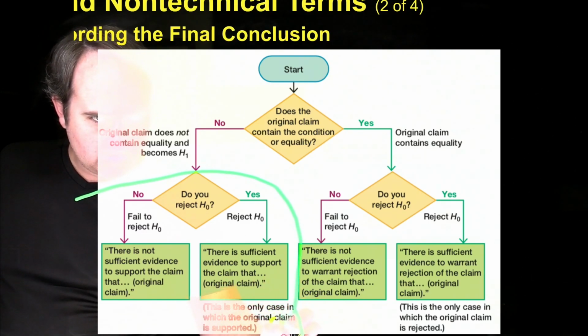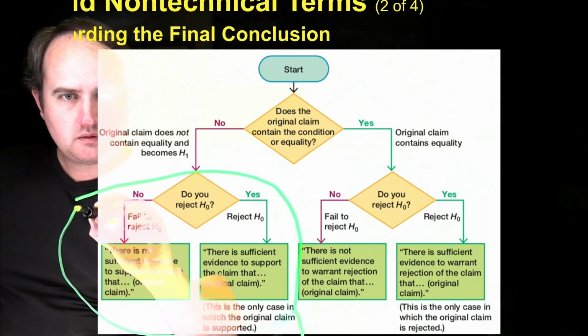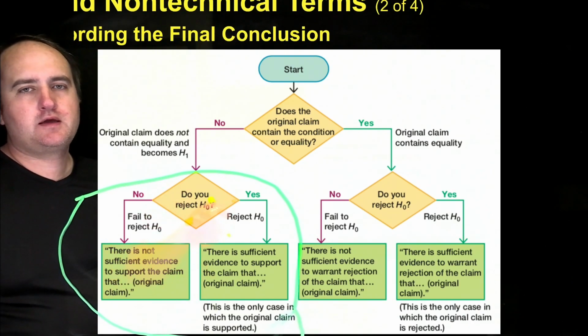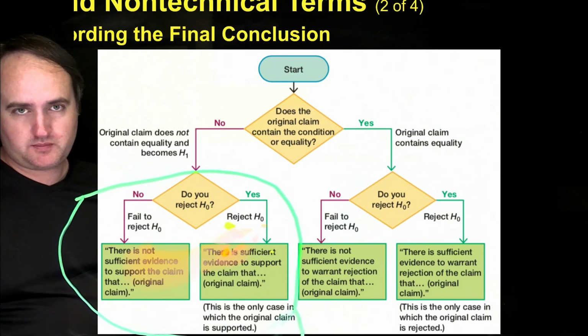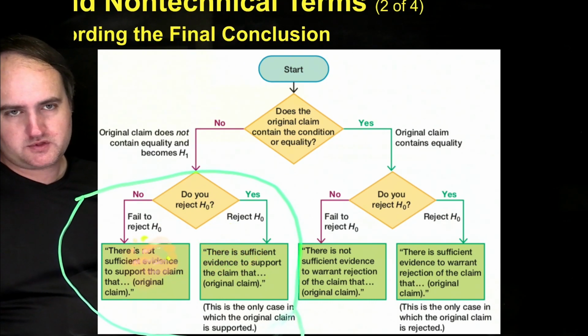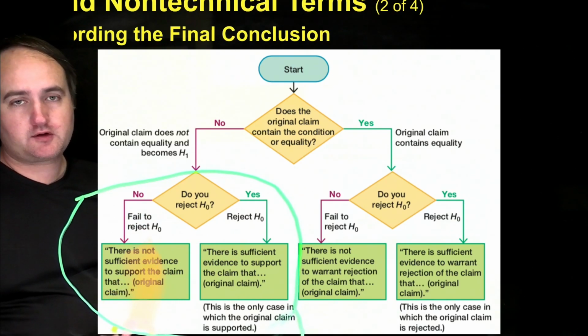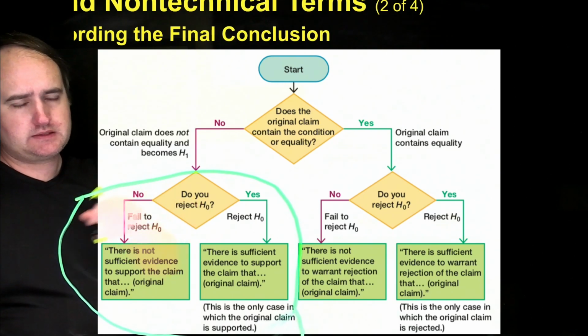Okay, so looking at this right here. At the end, we have to decide whether we reject H0, which would be a yes, or fail to reject H0, which would be a no. For our class, it's an elementary statistics class, we're just focusing on these two cases.